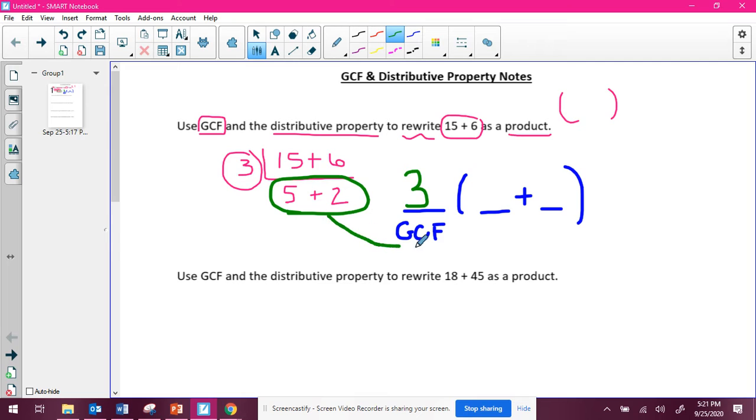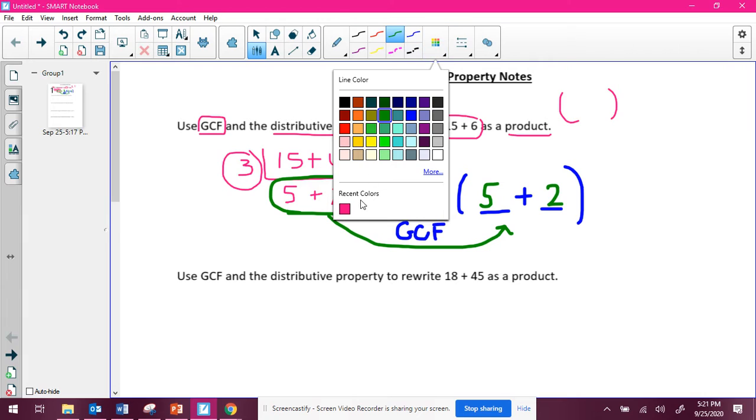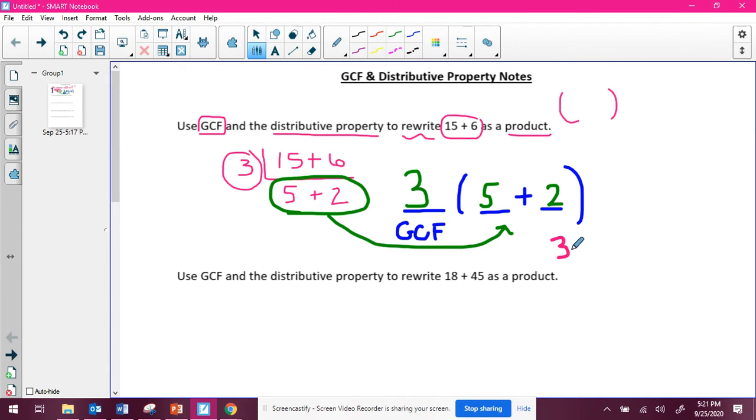We're going to take those and put them here. We have 5 plus 2. So the answer to this is going to be 3 parentheses 5 plus 2. We have rewritten this expression with parentheses using the distributive property and the GCF.